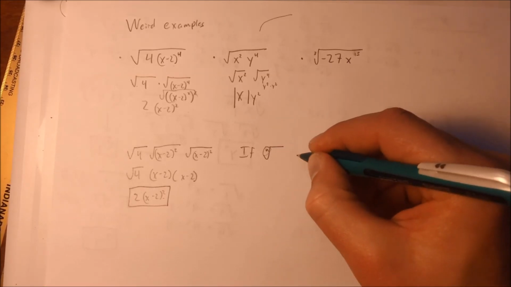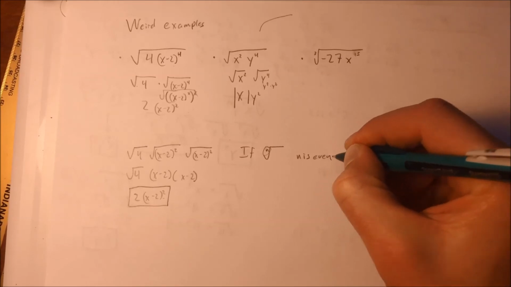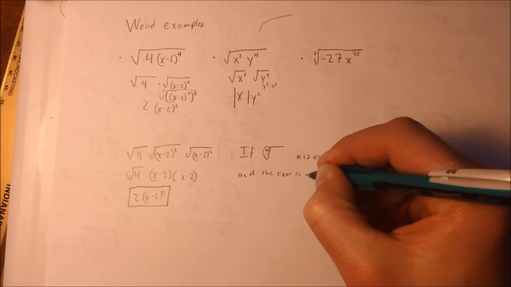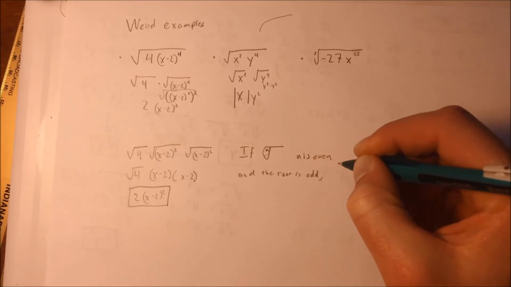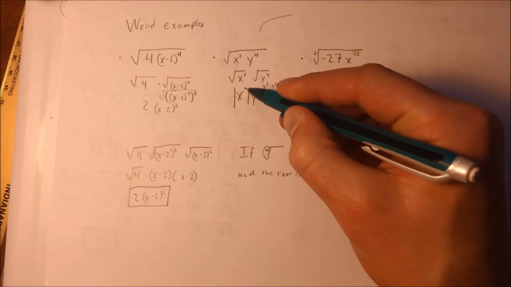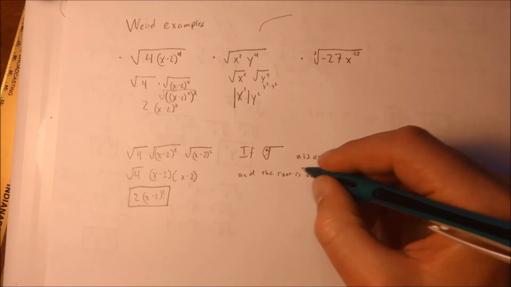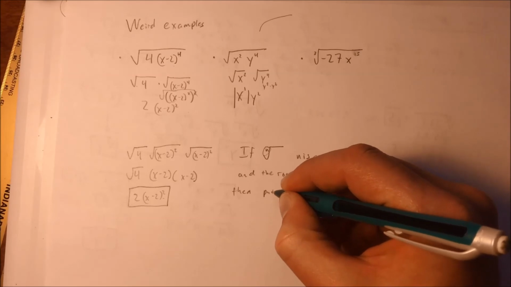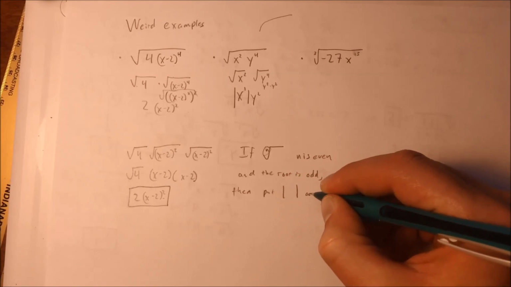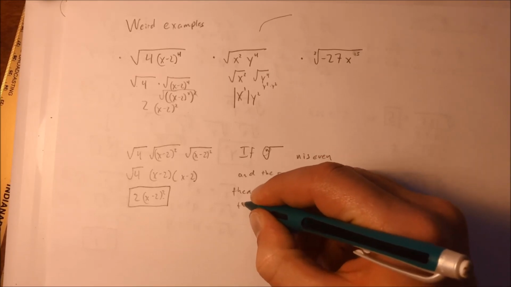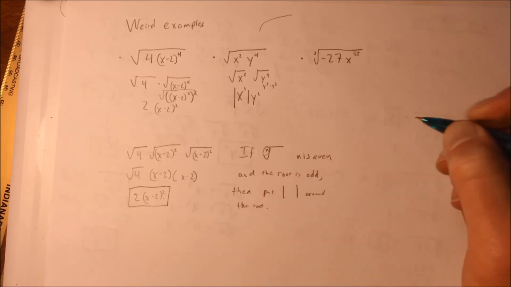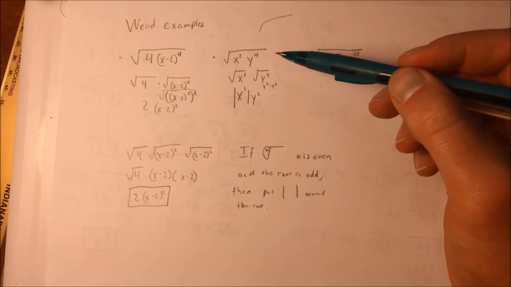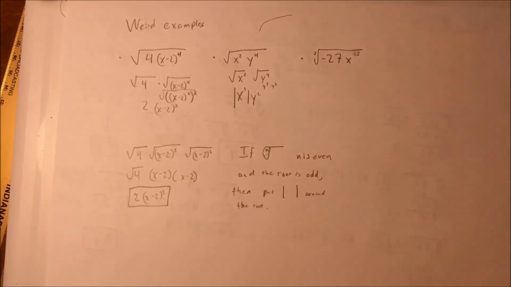If n is even and the exponent under the root is odd, like it was here, this was x to the first, then put absolute values around the root. Once again, we only do this because square roots or fourth roots only give us positive answers.